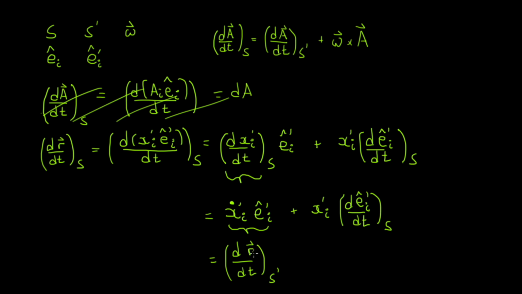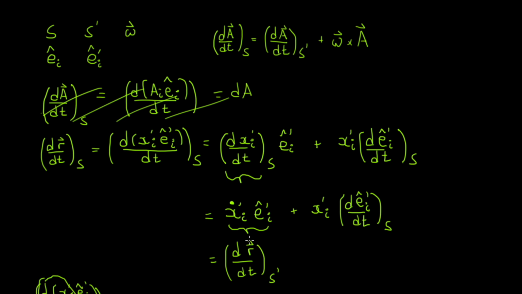Well, one way that we could sort of show this to ourselves is if we just quickly look at what R is. R is, sorry, we decided we are going to say xi prime ei hat prime, dt with respect to S prime. If we do product rule, we're going to get a first term, dxi prime dt times ei hat prime.